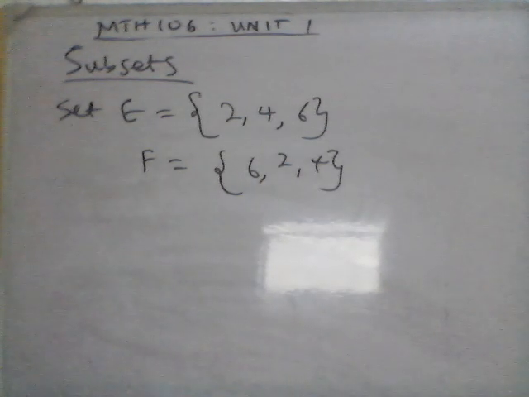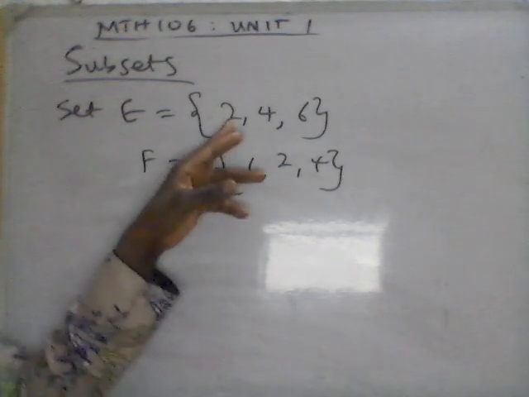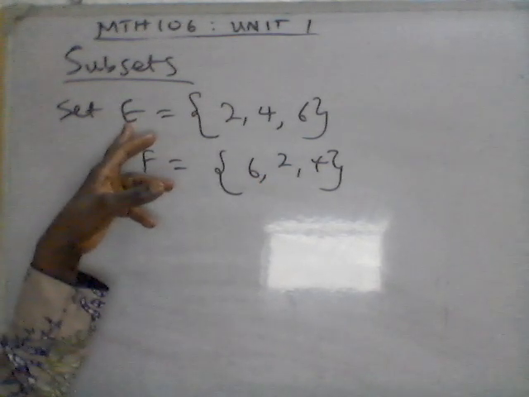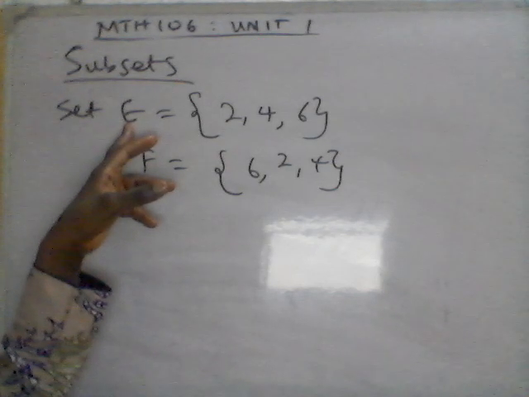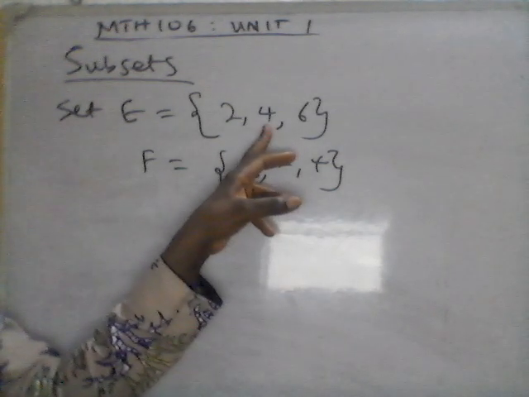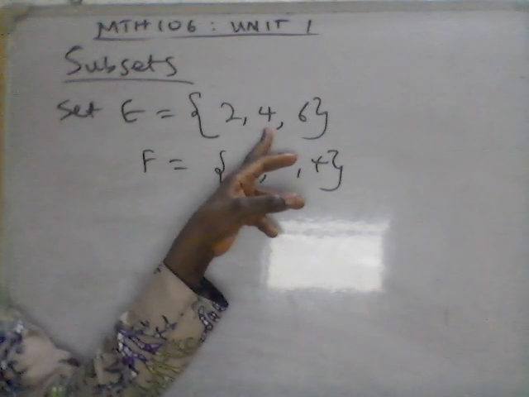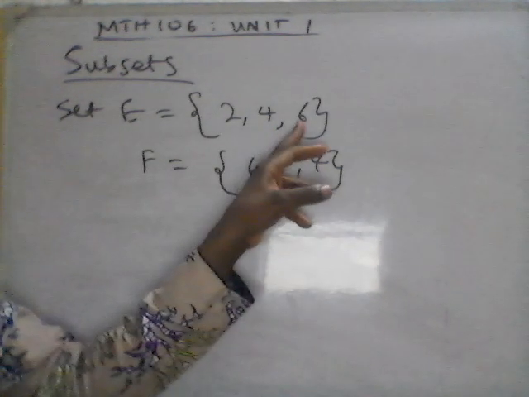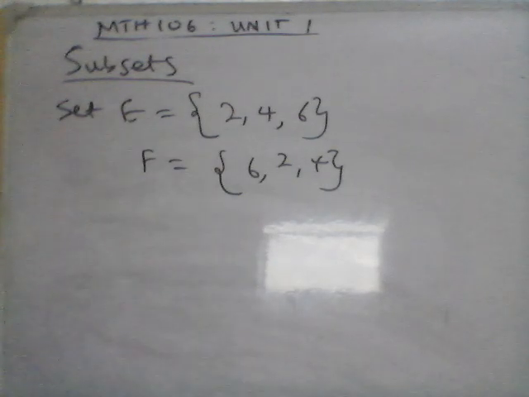Since number 2 belongs to E, it also belongs to F. Then 4 belongs to E and belongs to F as well. 6 belongs to E and belongs to F.